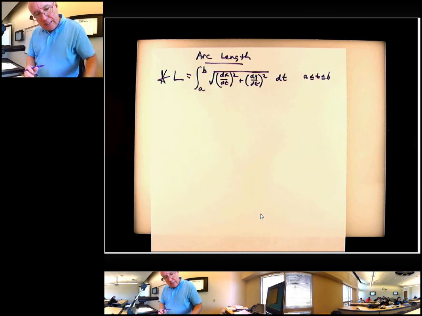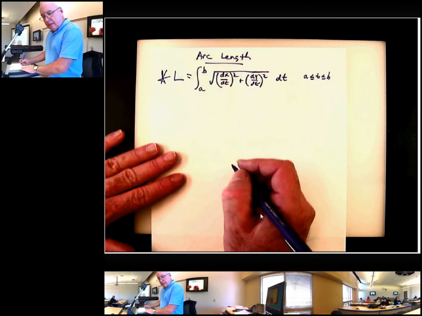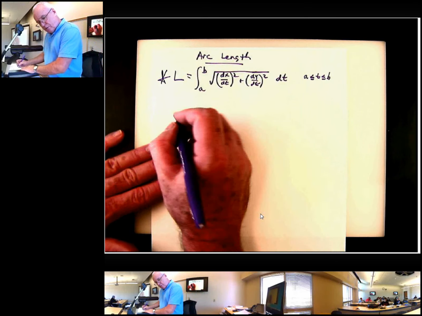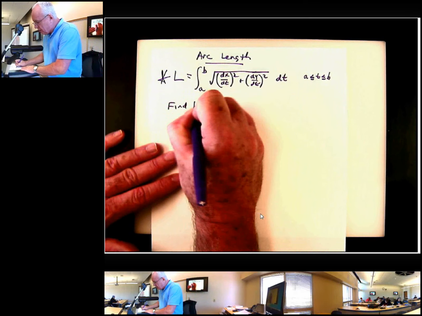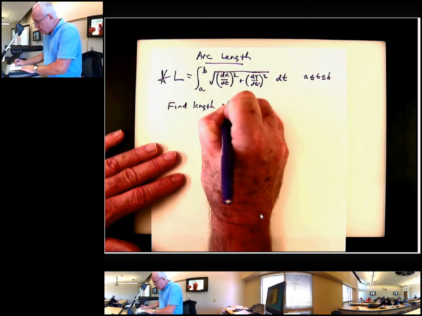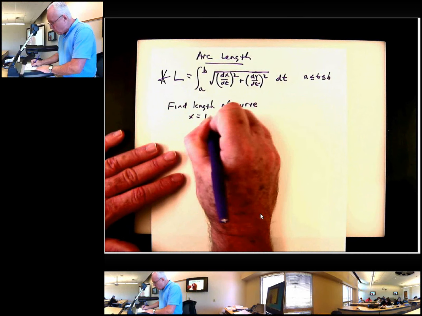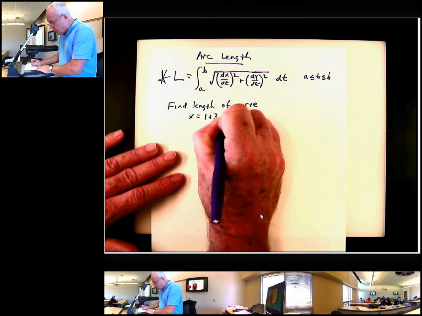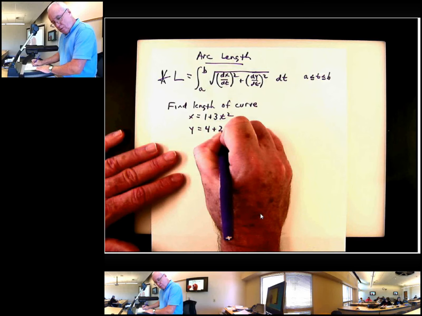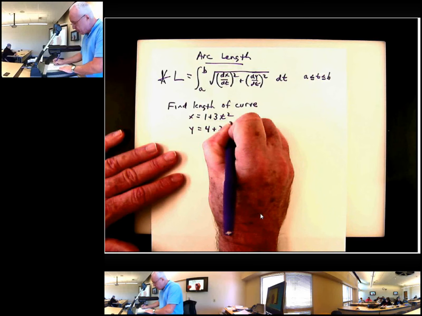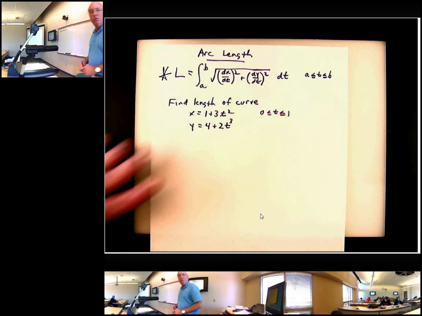All right, we did a very simple example the last time. Let's do a little bit trickier one. So here, find the length of the curve x equals 1 plus 3t squared, y equals 4 plus 2t cubed, and our parameter t is going from 0 to 1.